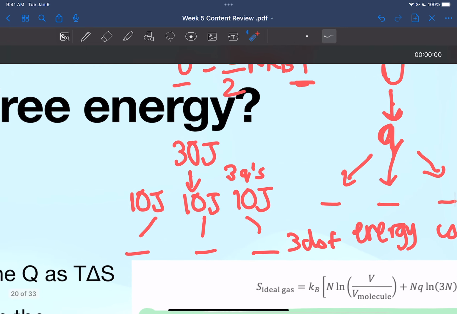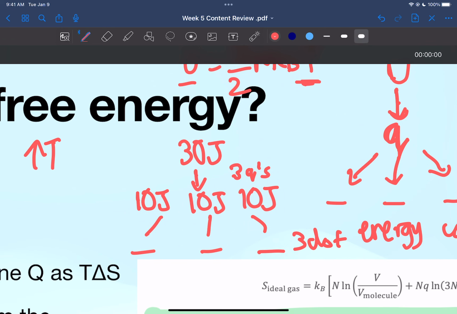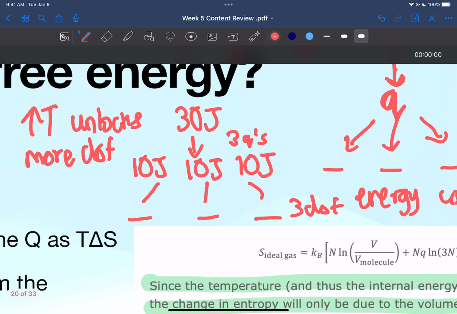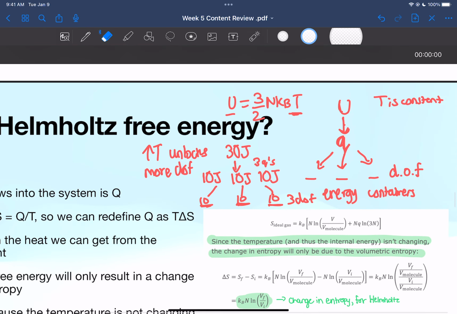And considering that increasing temperature unlocks more degrees of freedom, more ways, remember, like freedom, you're free to move. A higher temperature enables more ways you can distribute the energy, more energy containers. And so if that temperature is constant, then these energy containers are constant as well. So we have 10, 10, 10. Well, that's if everything is constant.